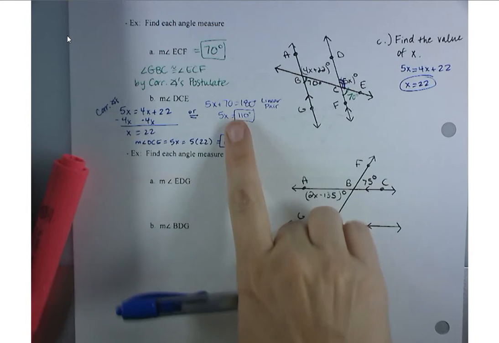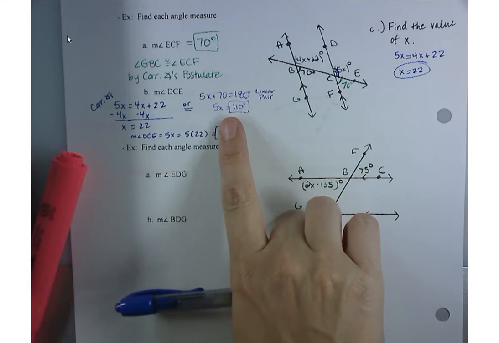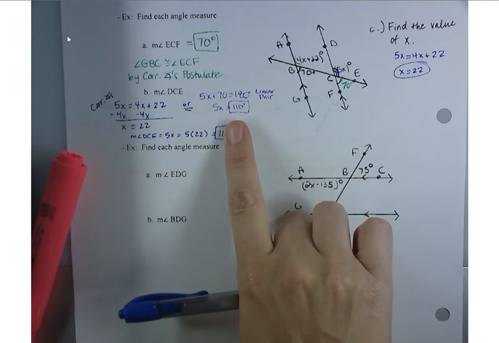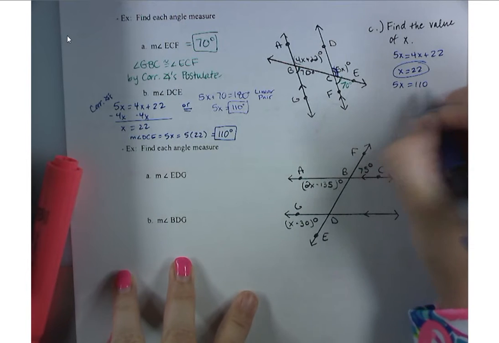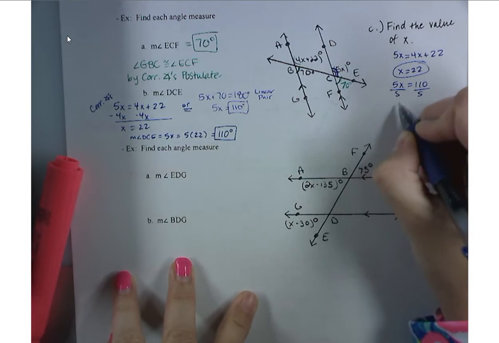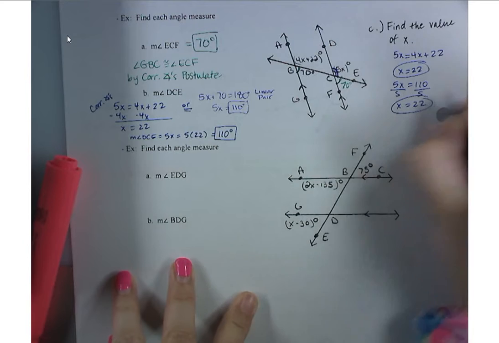Okay, you could also set it up this way, and you would just divide both sides by what? If 5x equals 110, divide both sides by 5, x would be 22.